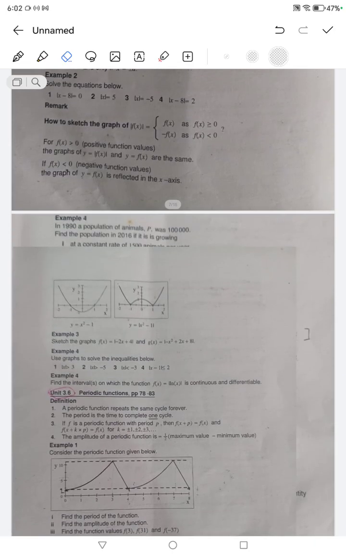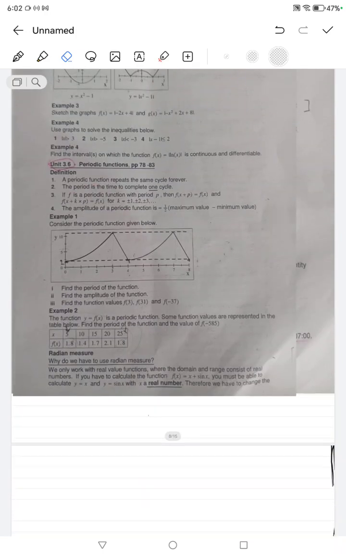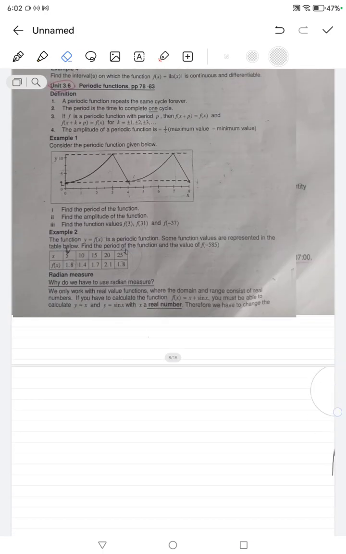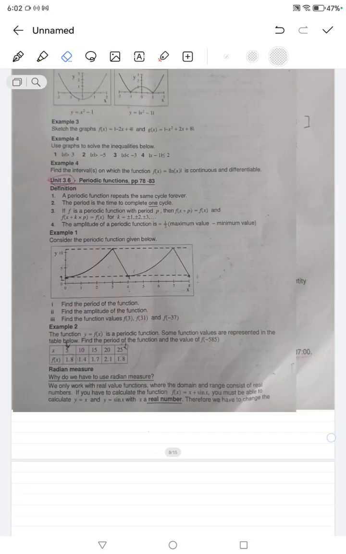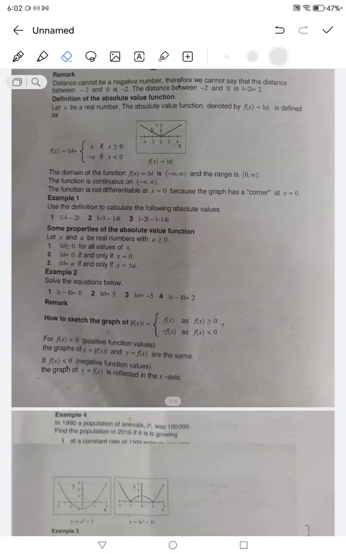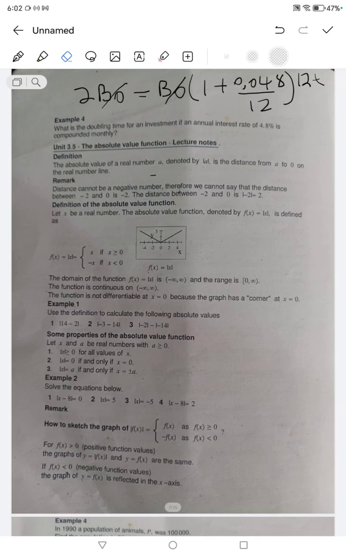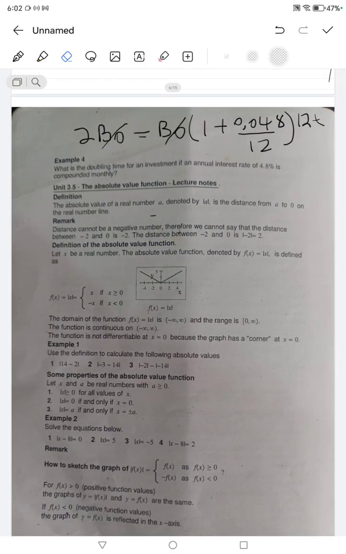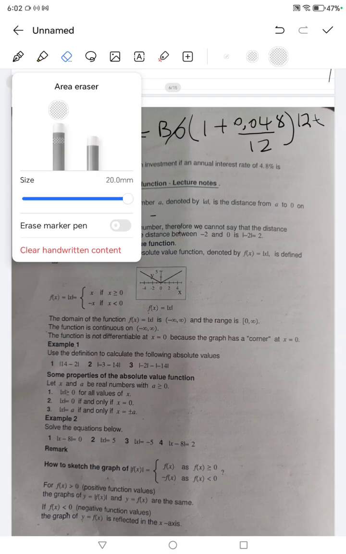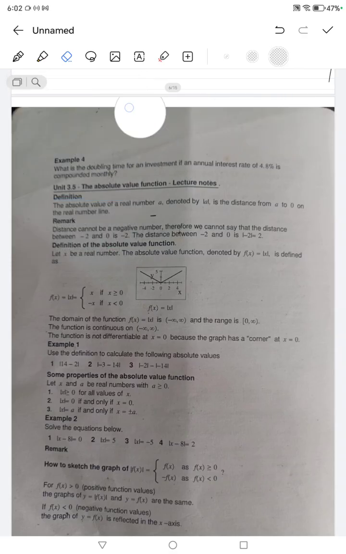Okay, let me just check this side. Okay, it's this one. Okay, so with absolute values, I feel like they're kind of straightforward, but we'll just try to wrap up those quickly.